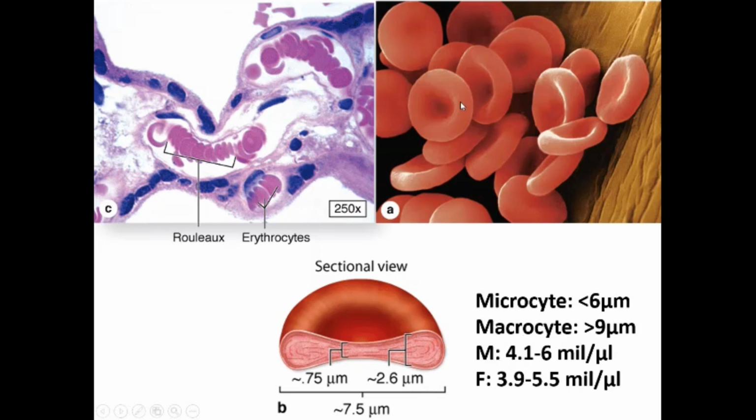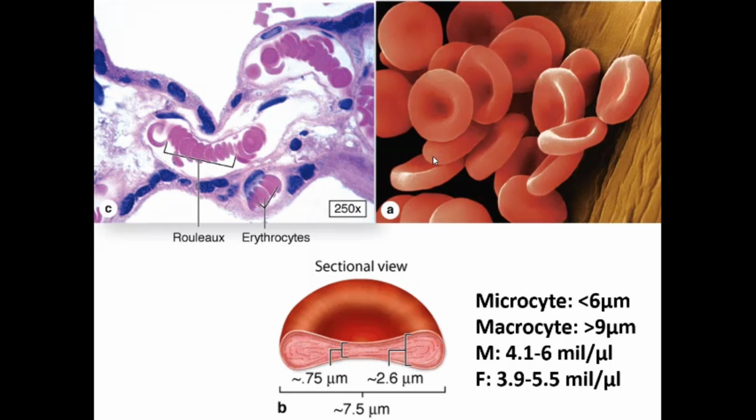The density of red blood cells or erythrocytes is about, in the male, 4.126 millions per microliter, and in the female 3.9 to 5.5 millions per microliter. The red blood cells are flexible cells.